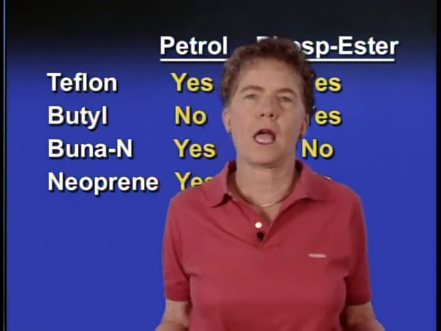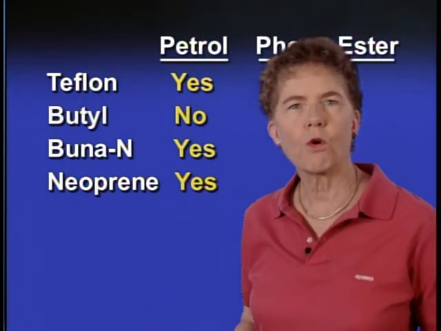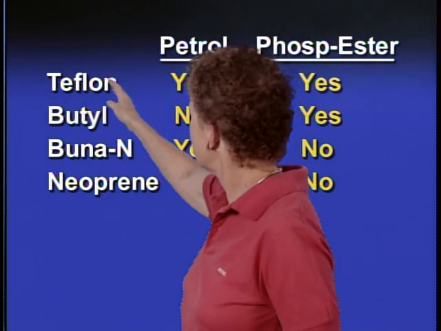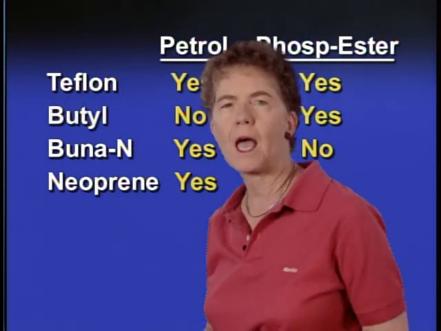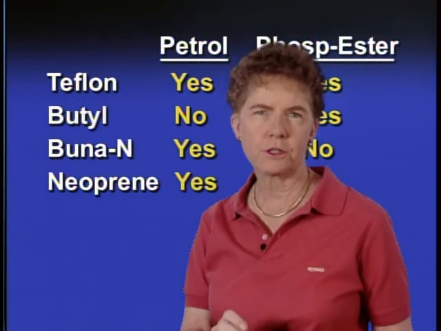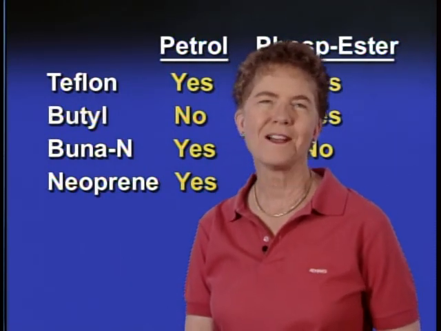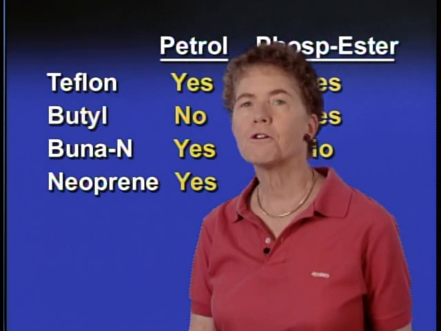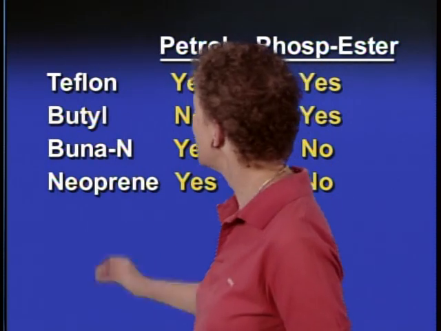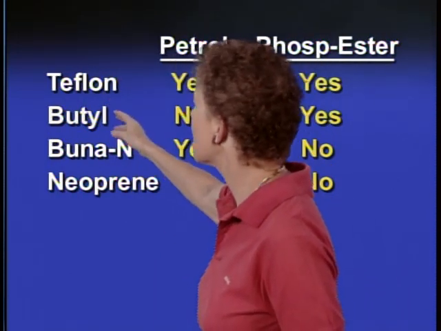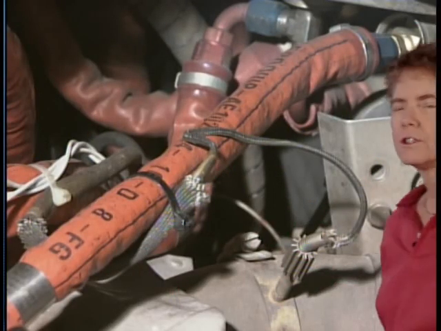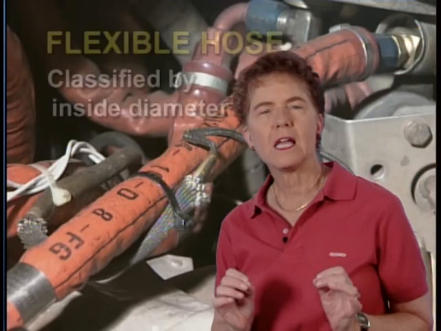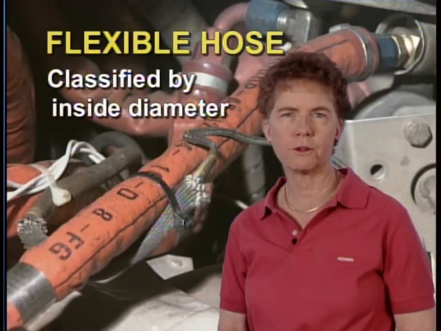So what if you were asked which among these 4 hose materials, Teflon, butyl, Buna-N, or neoprene, are compatible with phosphate ester-base hydraulic fluid? Well, now you know that you could use a hose with either a Teflon or a butyl lining.